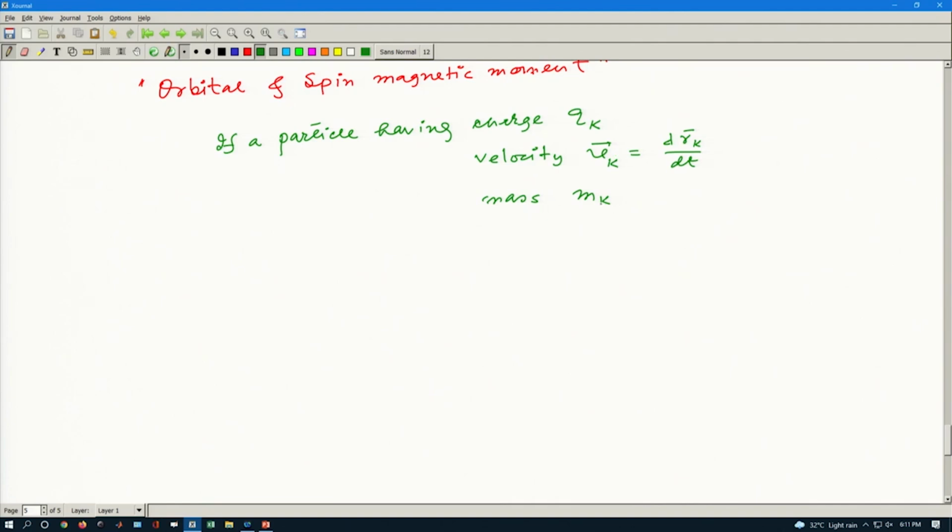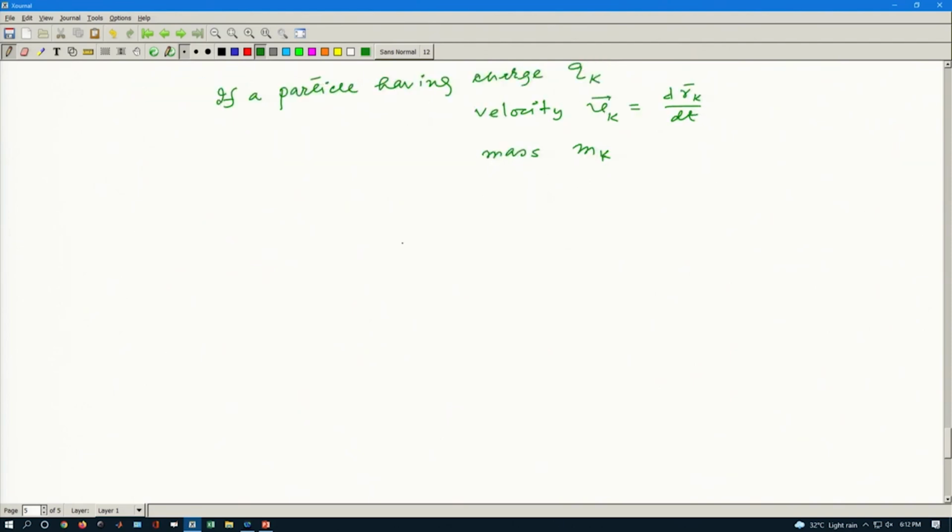Now, if there are many particles, not one particle, but many discrete charged particles with mass m that are flowing. So suppose I have this one charged particle, this another charged particle, this another.